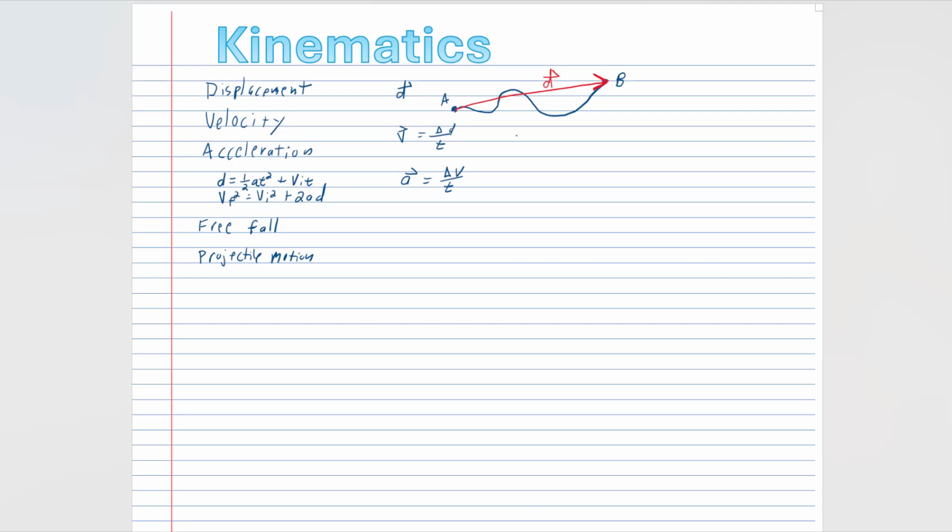So this is where we get that v is equal to d over t formula. It only works if there's no acceleration. And here, a is v over t, and this is where we get the vf equals vi plus at formula from.